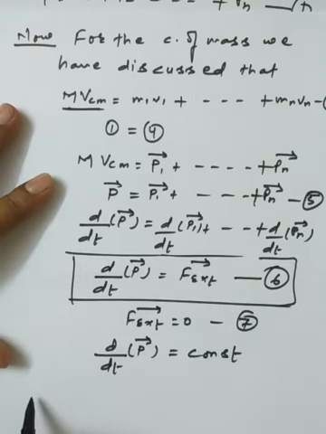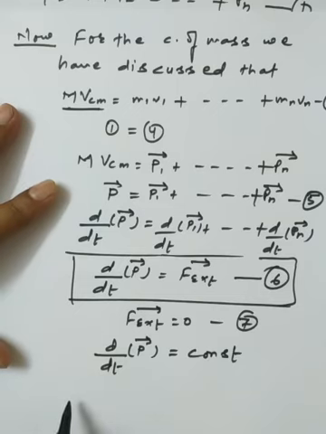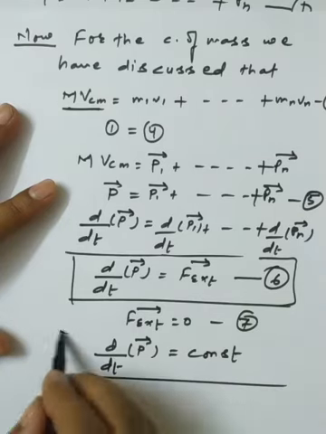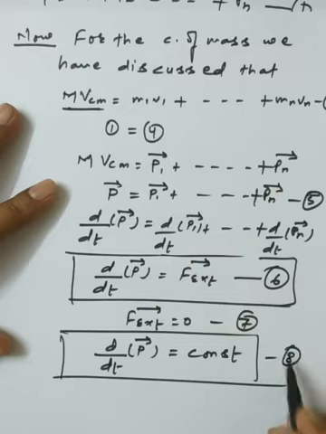Okay, so as all the particles are governing the simple rule of conservation of momentum, this rule is also applicable to the momentum conservation of the center of mass. So this was the conclusion of this topic, equation number 8. What does equation 8 suggest?